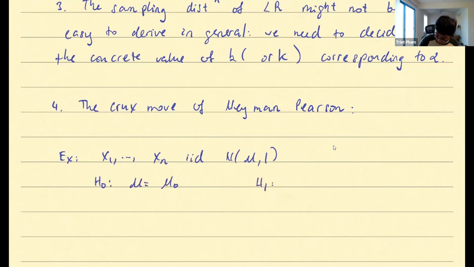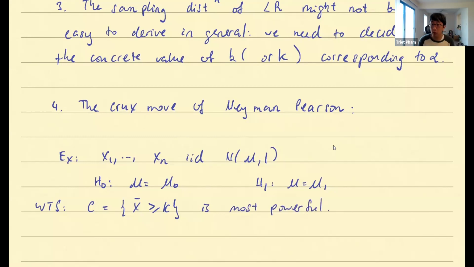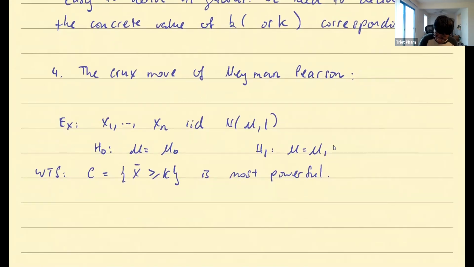The alternative is mu equals mu1. You want to show that C, equals X bar bigger or equal to k, is most powerful. So you go and you try to invoke Neyman-Pearson.